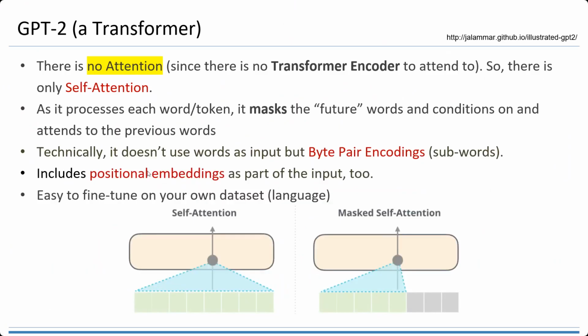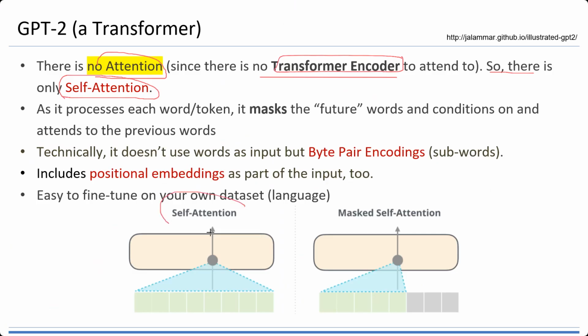So in the GPT, or we call it the transformer, they said that there is no attention since there is no transformer encoder. The transformer encoder usually uses the attention. So in the GPT, they use the masked self attention.